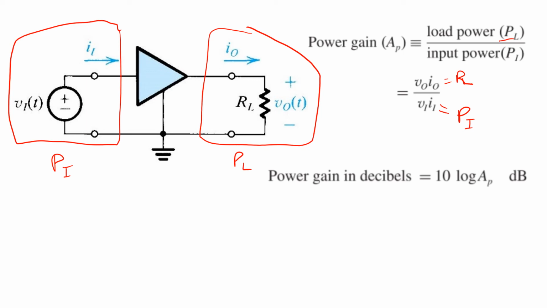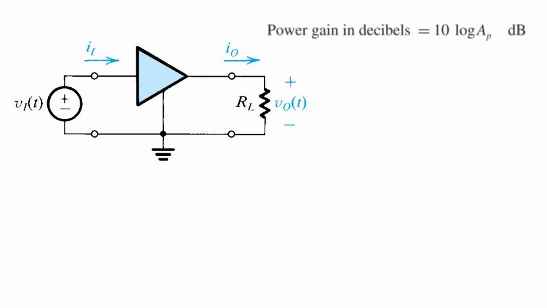So again, we take the ratio of these two quantities. We've got units of watts per watt, which are again dimensionless. So it may again be useful to express that in units of dB on a log scale. But an important thing to note is that when we're expressing a power gain in decibels, we take 10 times log of the power gain in watts per watt, not 20 times log of the gain.